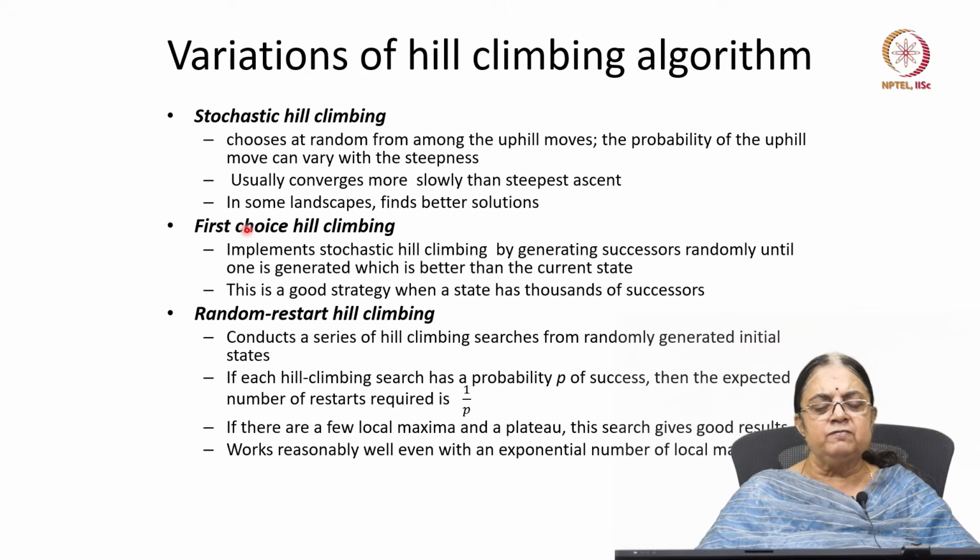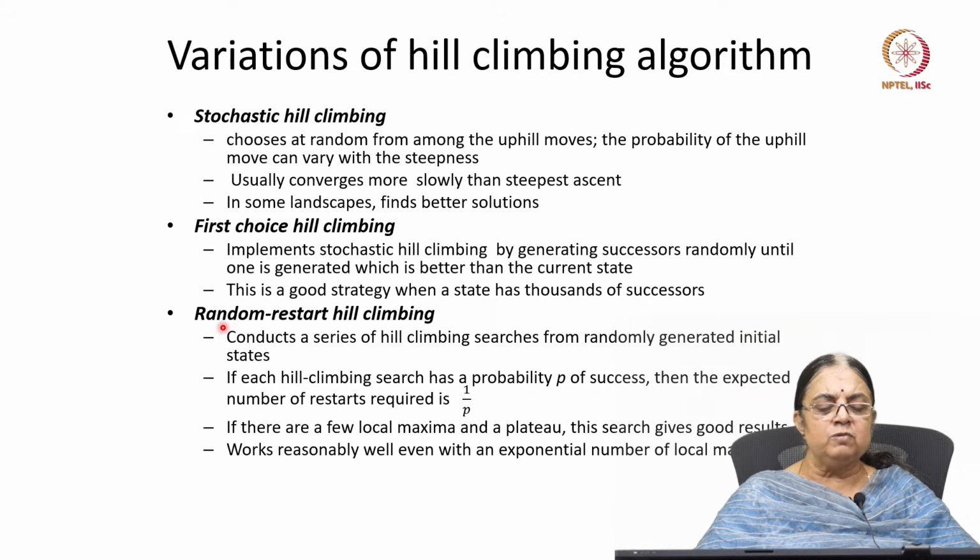Next is what is called first choice hill climbing. It implements stochastic hill climbing by generating successors randomly until one is generated which is better than the current state. As soon as you find one which gives a solution better than the current state, you move there. So that is called first choice hill climbing.